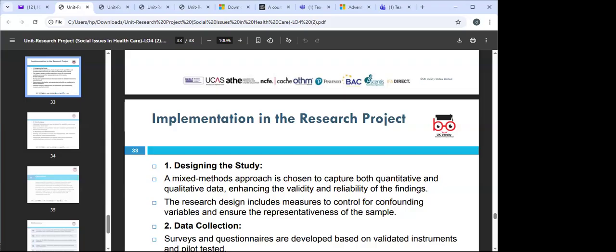Now, Mugi, what did I say the difference between qualitative and quantitative data? Mugi, if you are with us. One has to do with numbers, the other one has to do with the quality of your information.